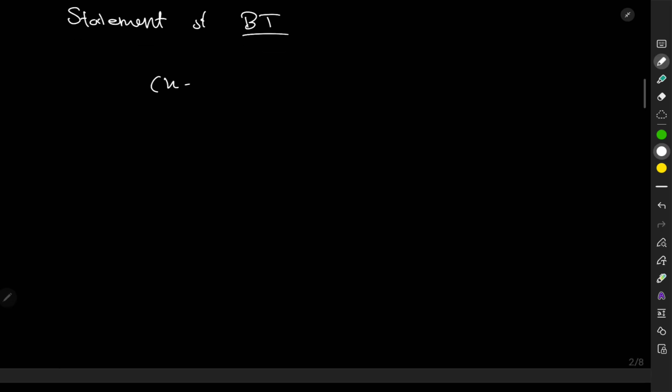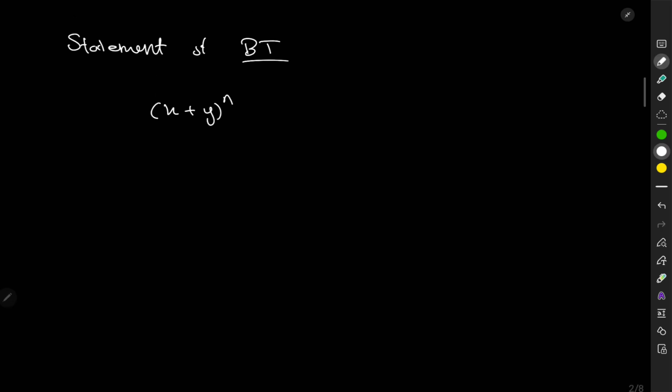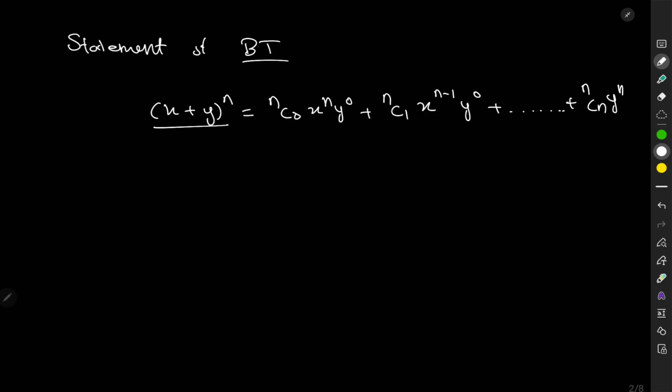Okay, now we will be seeing the statement of BT, binomial theorem. What is the statement of binomial theorem? For example, if we need to expand (x plus y) to the power n, we use an expansion: NC0 x^n y^0 plus NC1 x^(n minus 1) y^1 plus so on, and then finally NCn x^0 y^n.